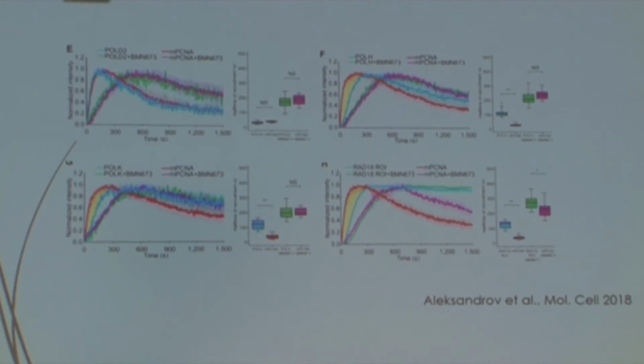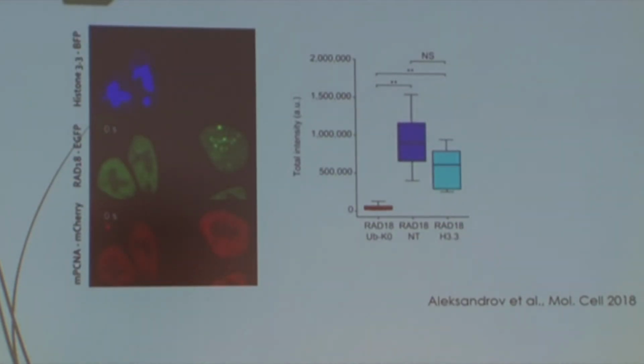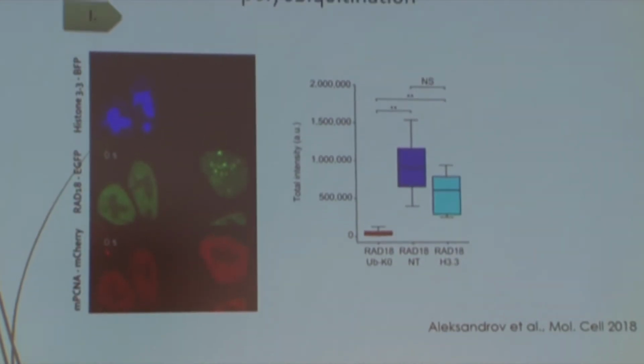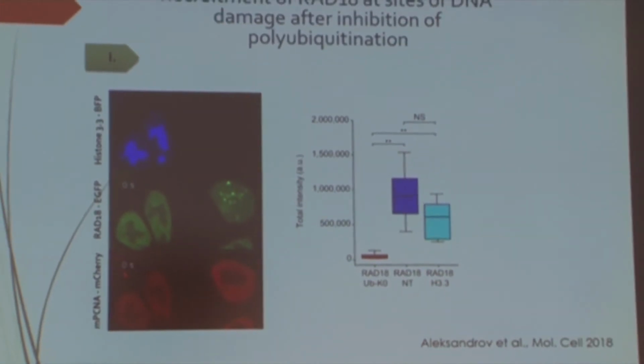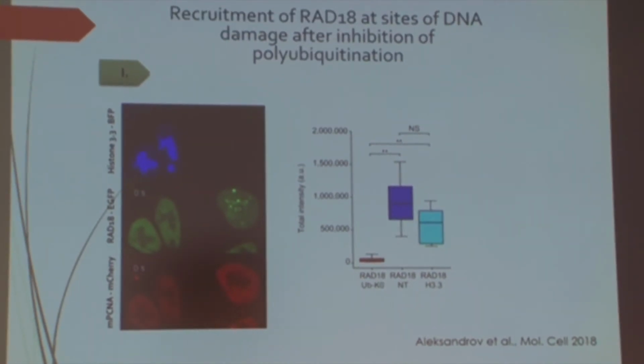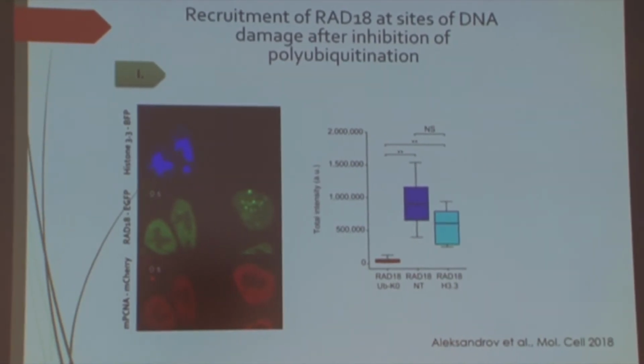But it is not known what recruits RAD18 to the site of DNA damage, so we would like to see what is the reason for this delay of translesion synthesis and of the RAD18 recruitment. We checked because RAD18 is recruited with ubiquitin in the same amount.